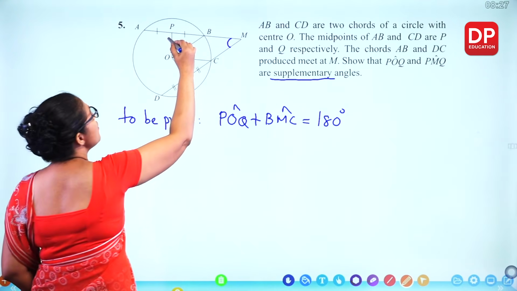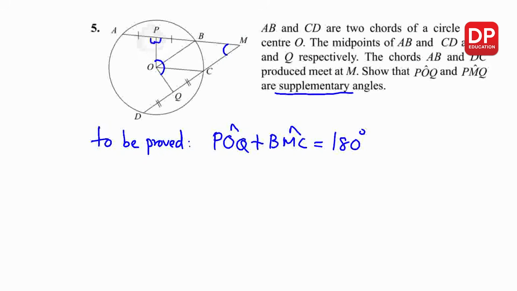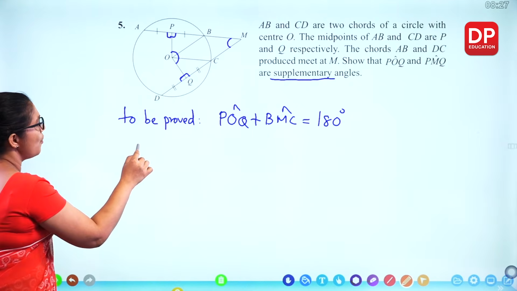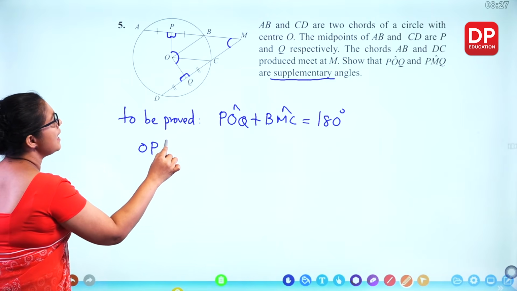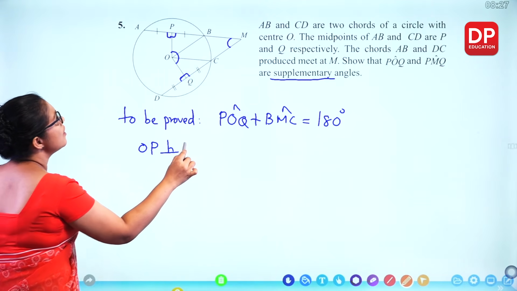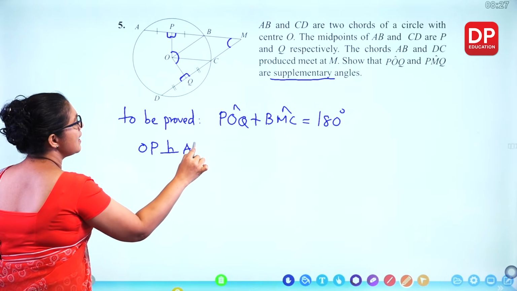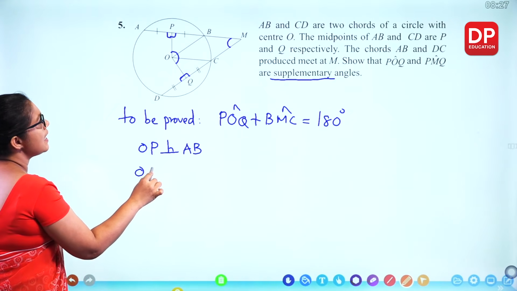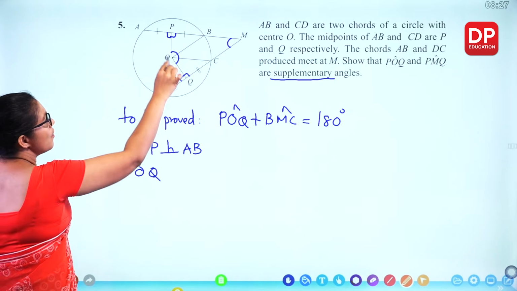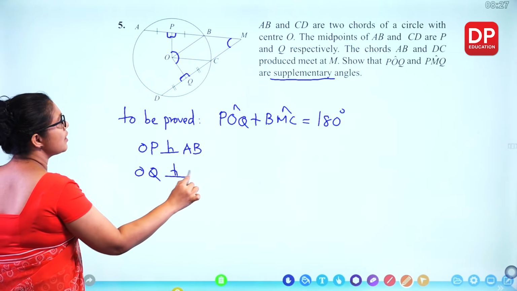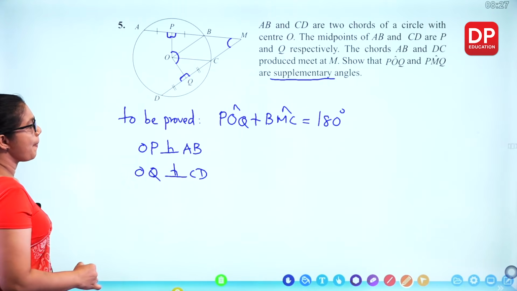So straight away you can say this is 90 degrees and this is also 90 degrees. So we'll write that OP is perpendicular to AB, OQ is perpendicular to CD.